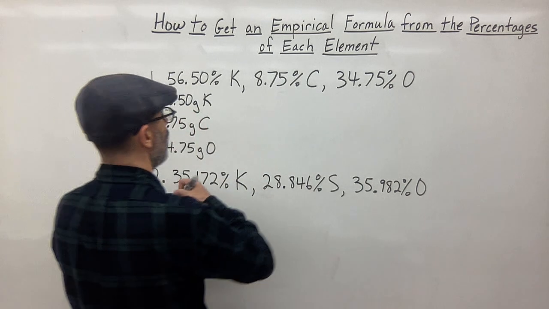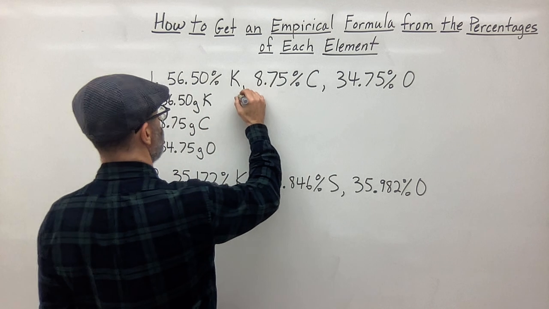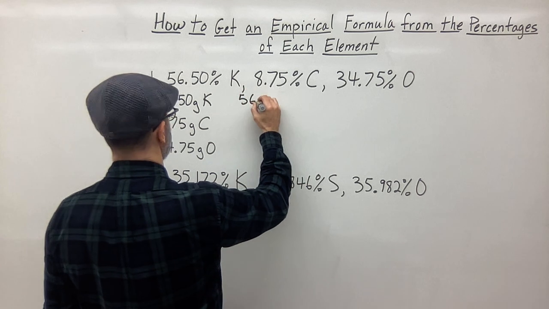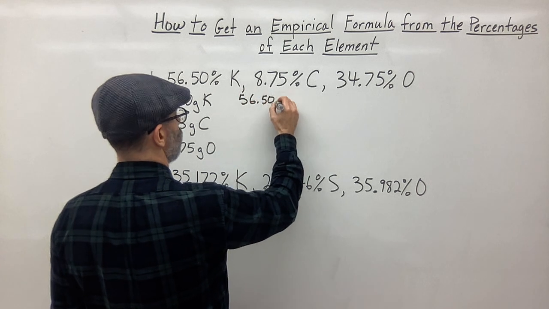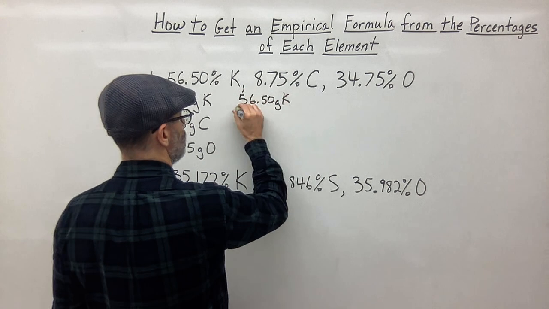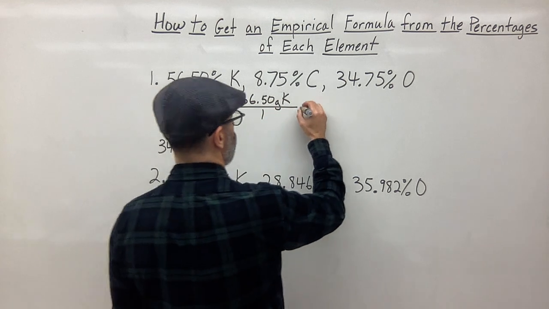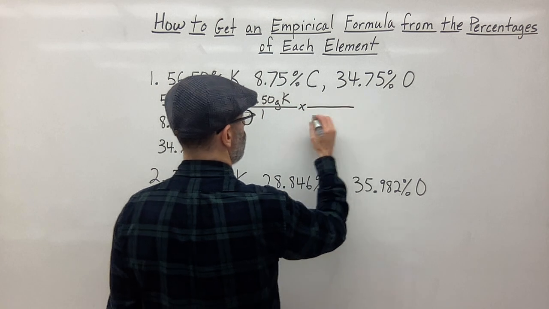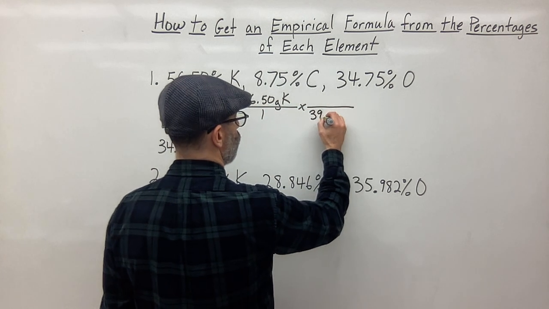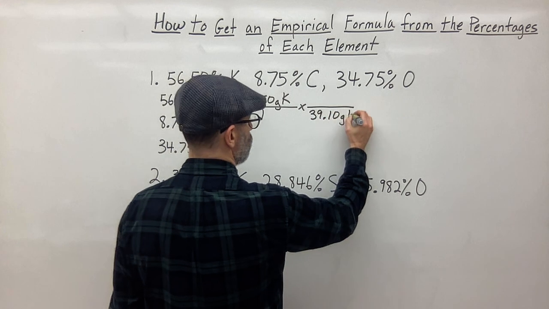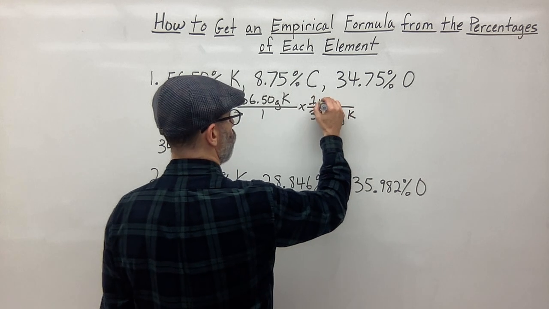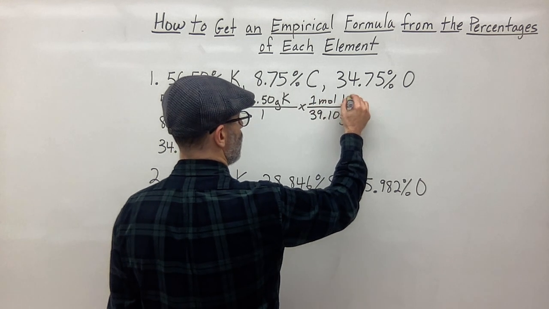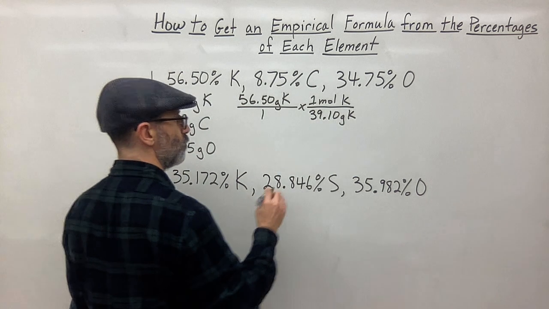So we take the 56.50 grams of potassium and use the molar mass: 39.10 grams of potassium per 1 mole, because 1 mole of potassium is equal to 39.10 grams.